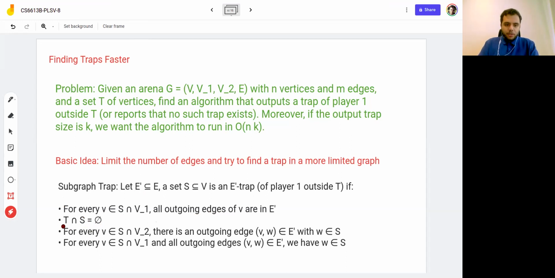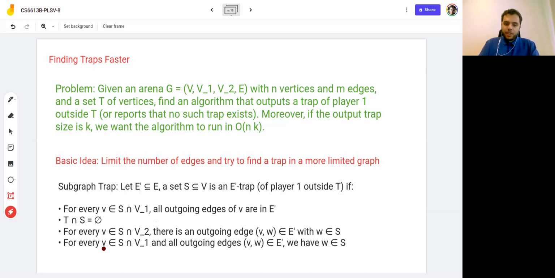And then the rest are also very similar to how we defined trap before. If you have a vertex V inside the trap, and this vertex belongs to player 2, then there should be at least one outgoing edge that remains in the trap. And of course, we want this outgoing edge to be from our limited set E prime, not from the original set E, right?